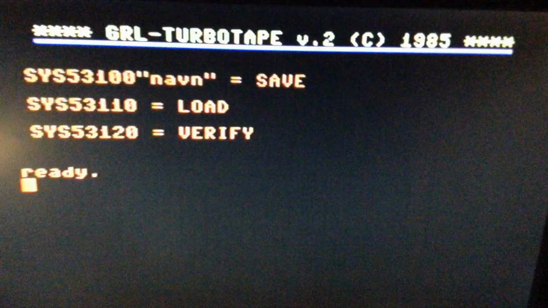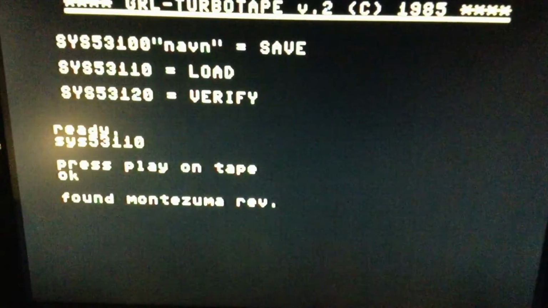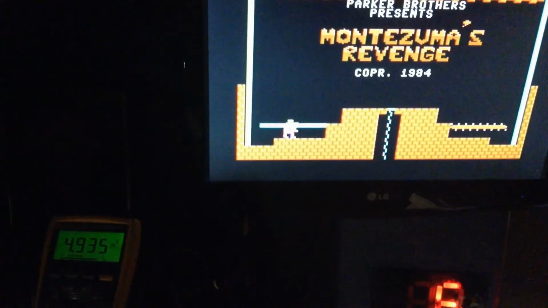I love turbo tape so much. There, no problems. It finds the program. So, I'm happy, and now let's see what happens if you run it. Haha, jumping guy on the screen.